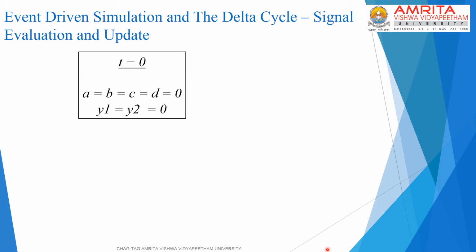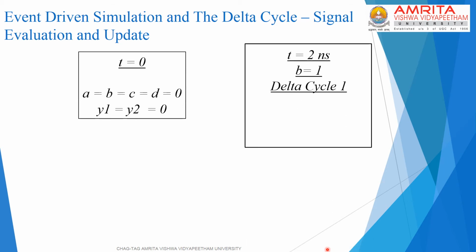Now these HDL simulators evaluate the logic values of the signals based on either time steps or whenever there is an event in one of the signals. So in this example, let us assume that there is a signal event in the signal B triggered by the test bench at simulation time 2 nanoseconds.